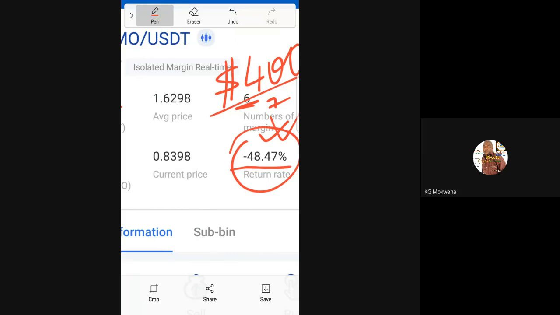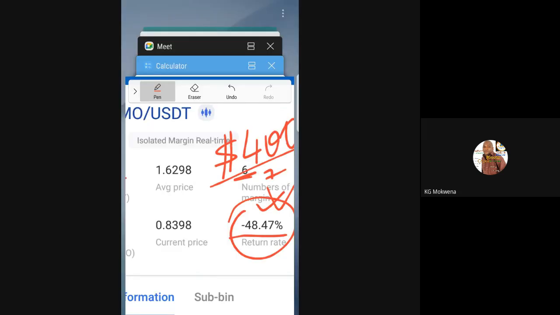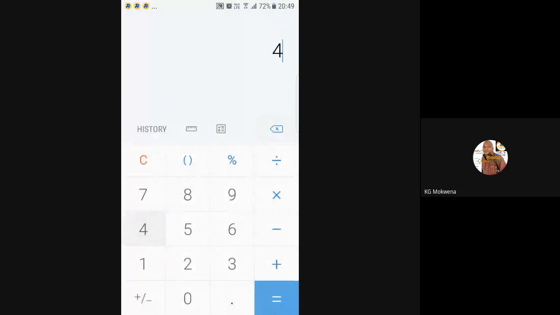So let's quickly calculate how this is going to be from our calculator here. We have 400, and we're breaking it down by $12. So how many times does $12 go into 400? It is 33.3. So we're going to make it 33.4, for instance. Let me show you. If we take 33.3 multiplied by 12, look, it's 399.